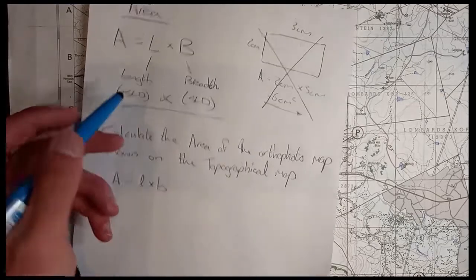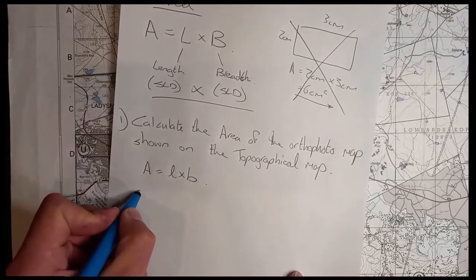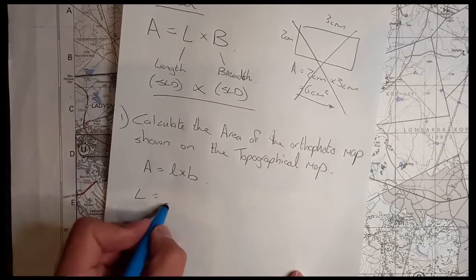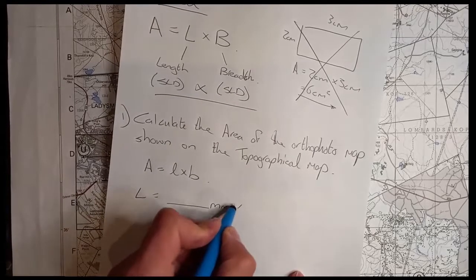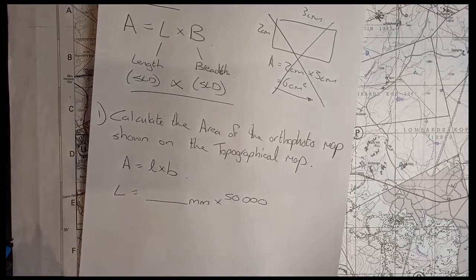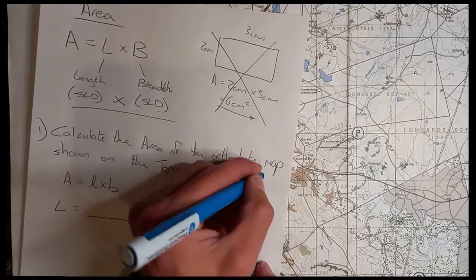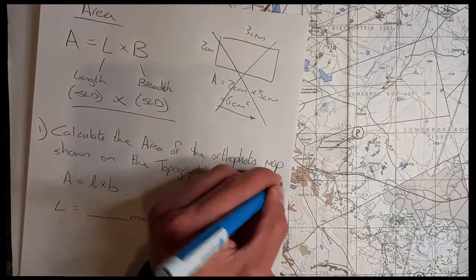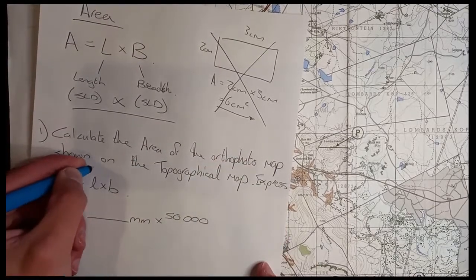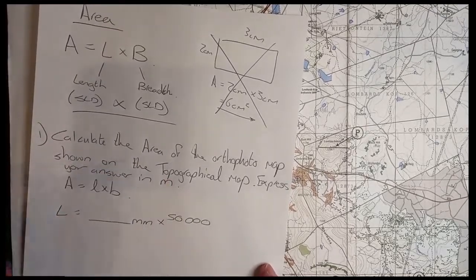But we need to find the SLD of both first. So we're going to say length is equal to the formula for SLD. We know it's a topographical map of 50,000. Remember, they will always say express your answer in, let's do meters now.